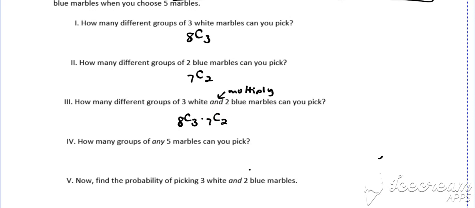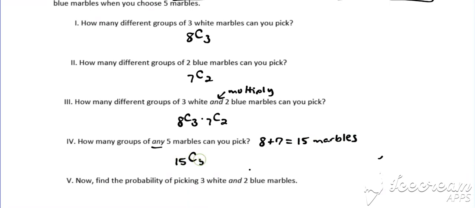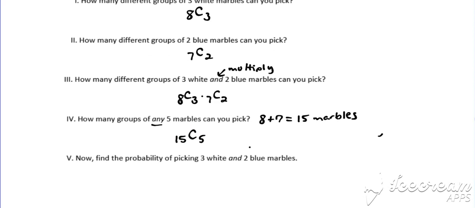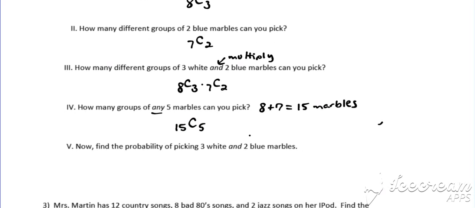And then it says how many groups of any 5 marbles can you pick? And we need to remember we have 8 marbles plus 7, which is a total of 15 marbles. So there's 15 total marbles. We're choosing 5. So now when we're asked about the probability, we're talking about favorable outcomes, which is the 3 white and 2 blue.